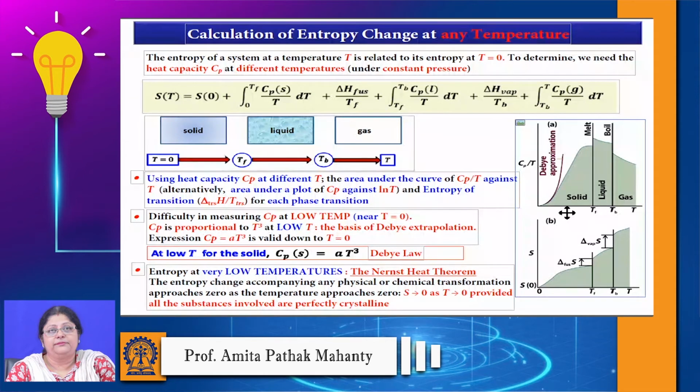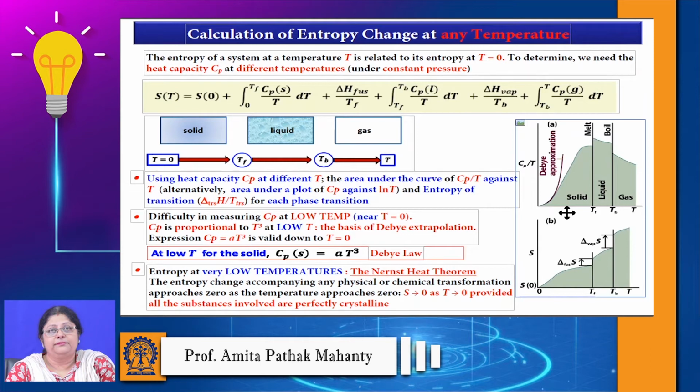And for calculating the total entropy change, when T is approaching zero, Cp is not just the Cp you have taken, but it has a new value coming from Debye's law, and Debye law says Cp at very low temperatures should be taken as A into T to the power 3. A is some constant which is specified for different substances.